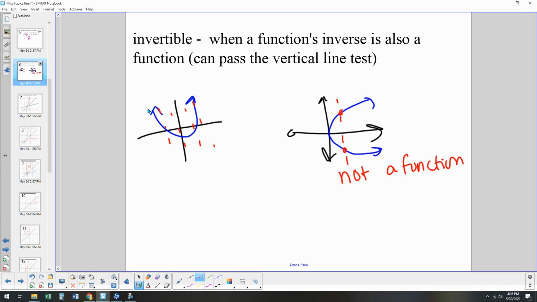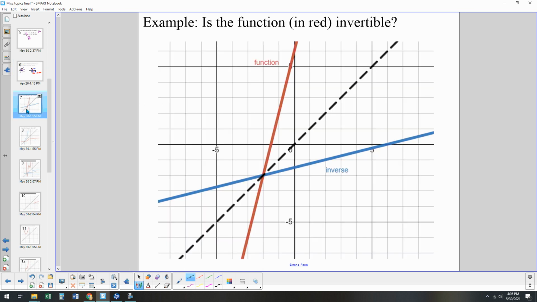So we have to look at the shape of our original figure and figure out if we were to flip it along the line y equals x, and if you recall, the line y equals x was here, would it still pass the vertical line test? So here we already have them graphed. The red function is the original and the blue is its inverse. So we'll focus on the inverse. Does it pass the vertical line test?